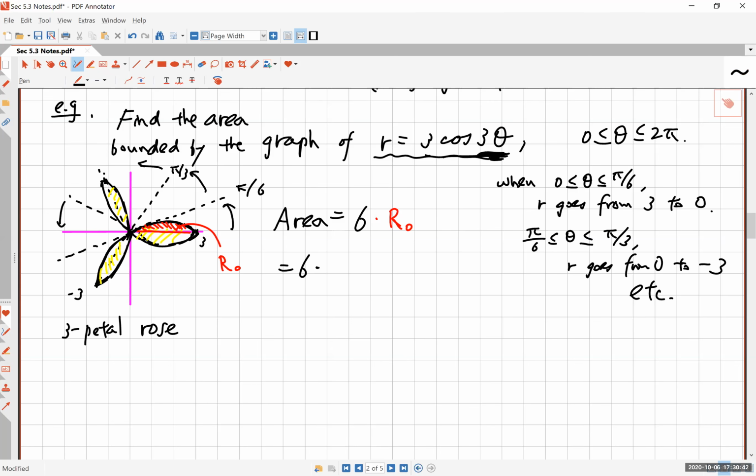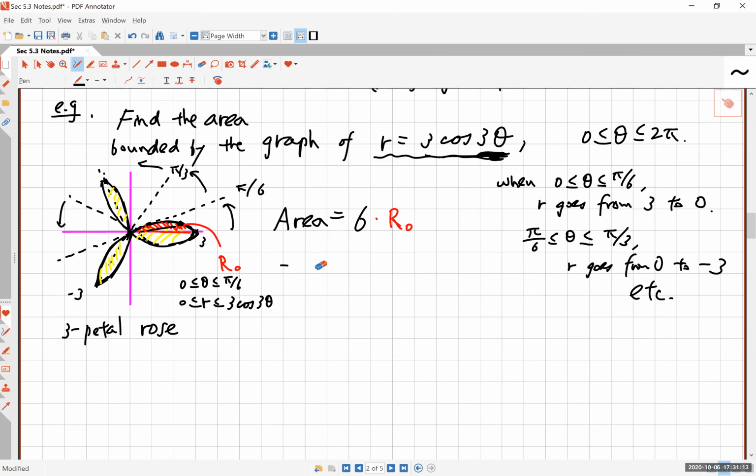Let's go ahead and find that. R0 is the area where theta goes from 0 to pi over 6, and then r goes from 0 to where this ray hits this particular graph, which is 3 cosine 3 theta. So that's what we have working for us.